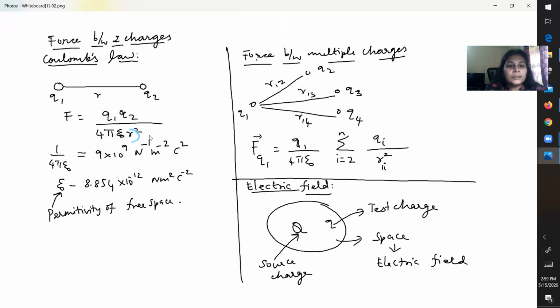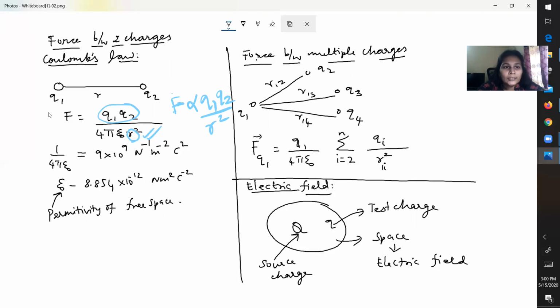So this is the square of the distance term, and this is the product of the magnitude of charges. Generally we can say F is proportional to Q1 Q2 by R square, and 1 by 4 pi epsilon naught is a constant of proportionality. Already I have given you these constant values in classrooms.